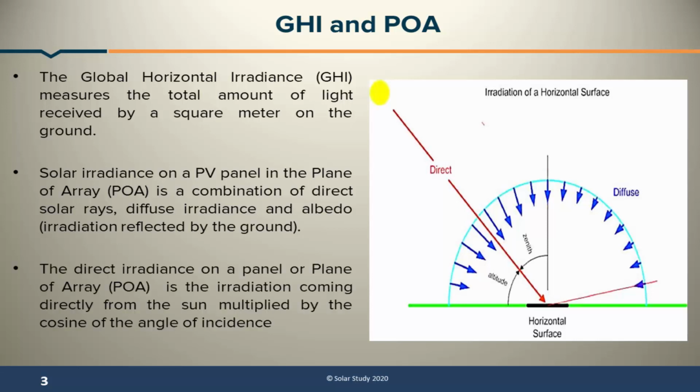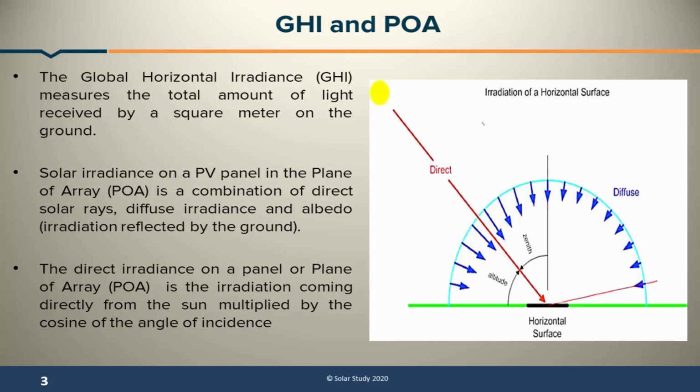So basically there are two things: one is GHI and the other is POA. In POA there is direct irradiation incident on the solar panel or array of solar panels, and we can again characterize POA with some reflected light, diffused light and scattered light.